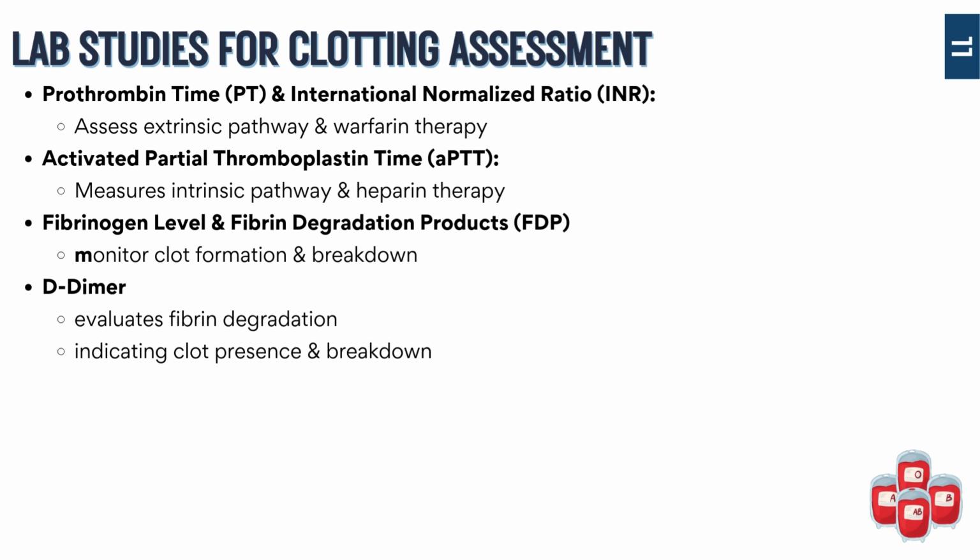All patients are on DVT prophylaxis and such. Especially in the ICU, patients are more immobile and at risk for clotting issues, especially post-surgical patients with all those complications. So you're going to be doing these labs on almost all your patients.